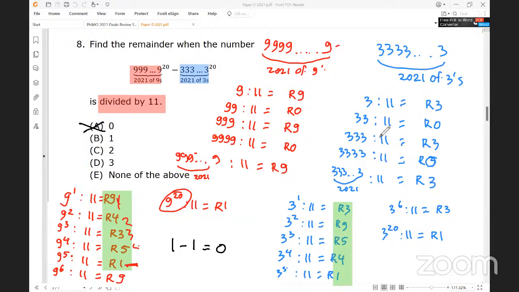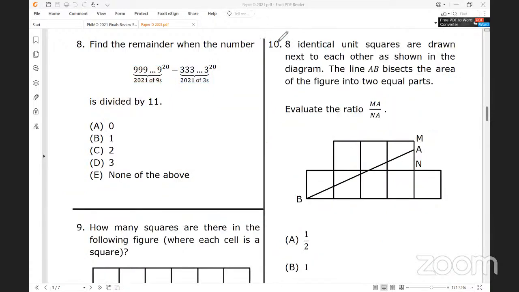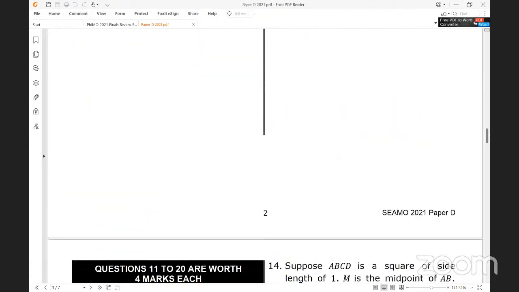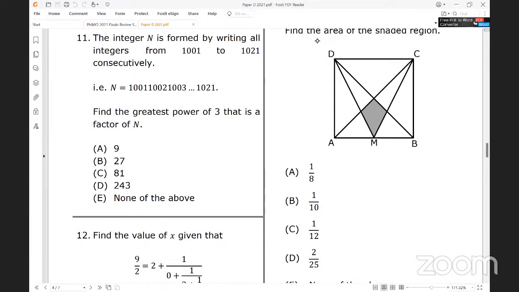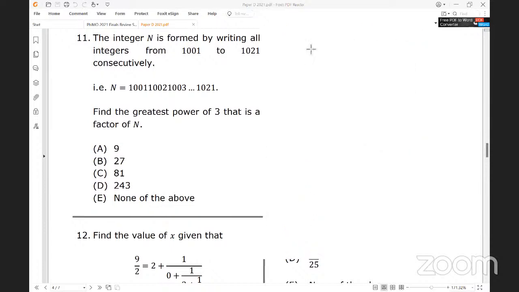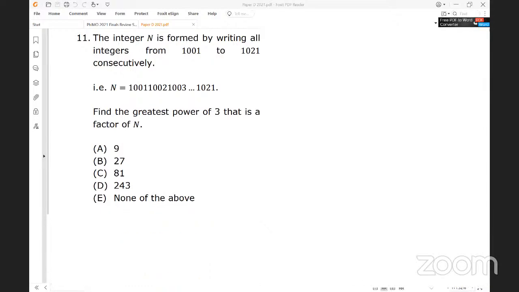Okay, for the next number, we will do number 11. This is a challenging question. Even if you have a calculator, you cannot do it.